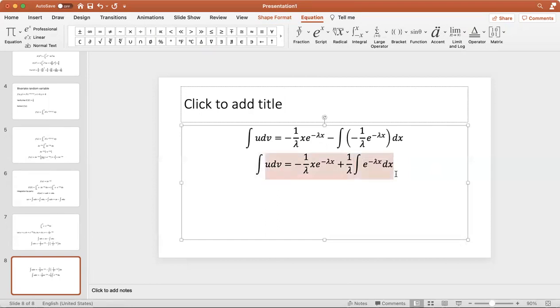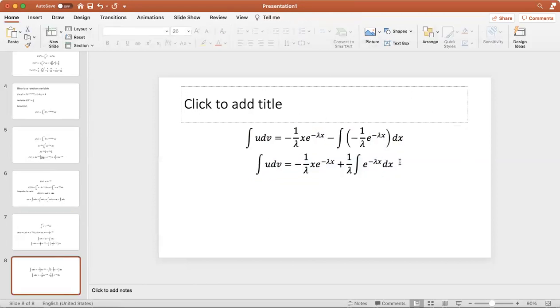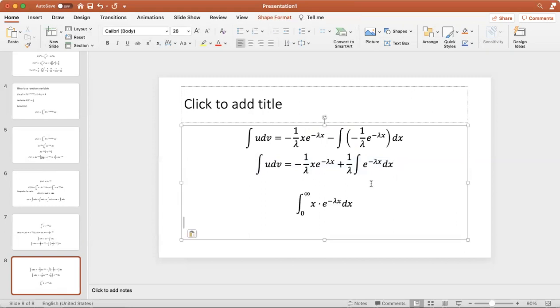So this entire expression, which is our u dv, is equal to negative 1 over lambda x e raised to negative lambda x plus 1 over lambda times negative, or if you're not comfortable, you can just move out the negative sign already.